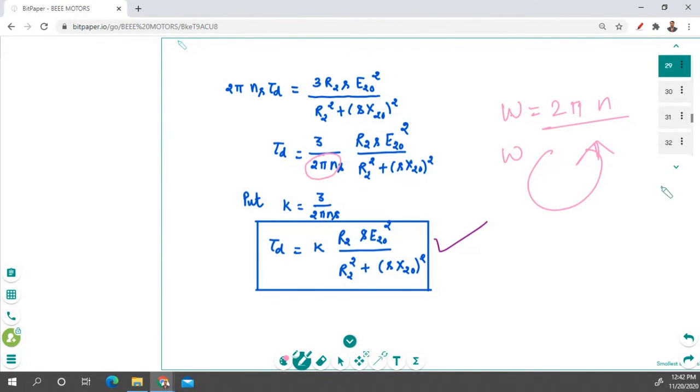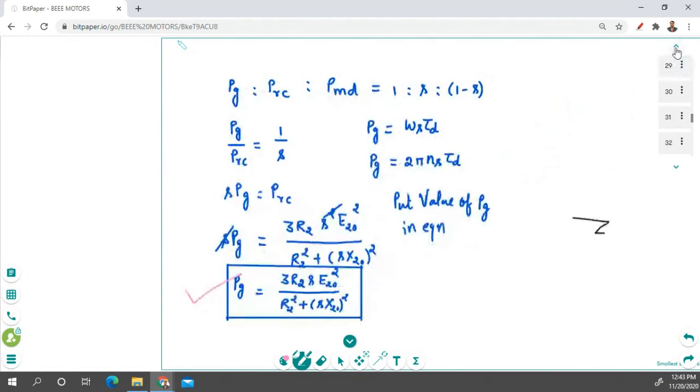Gautam, understood? Angular speed omega can be represented by this. Have you understood this?